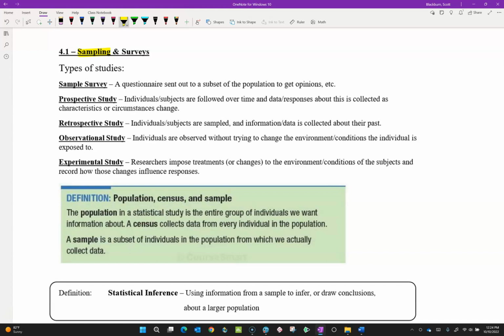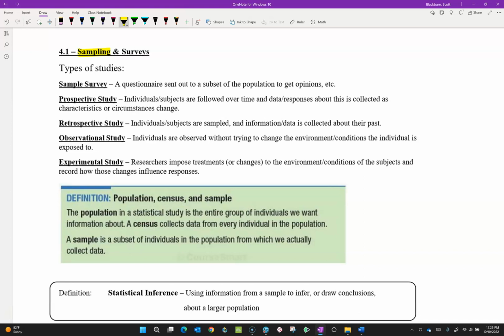So we survey people and ask about what happened to them in the past, like: did you get sick last year? In a prospective study, you would say, okay, I'm going to study you, let me know if you get sick this year. Whereas in a retrospective study, we would survey somebody and say, did you get sick last year?